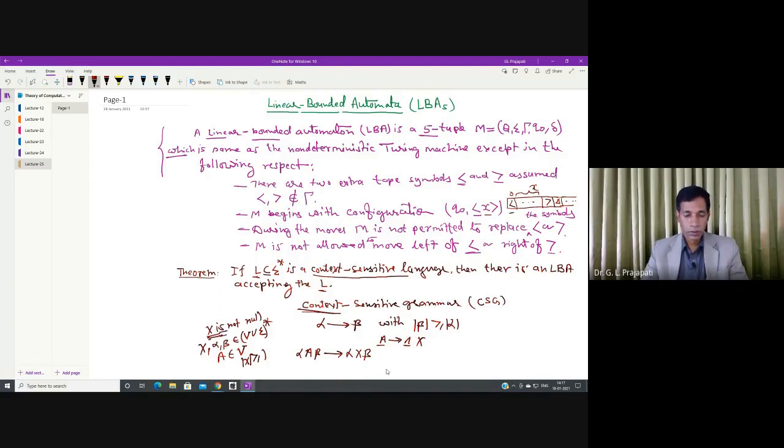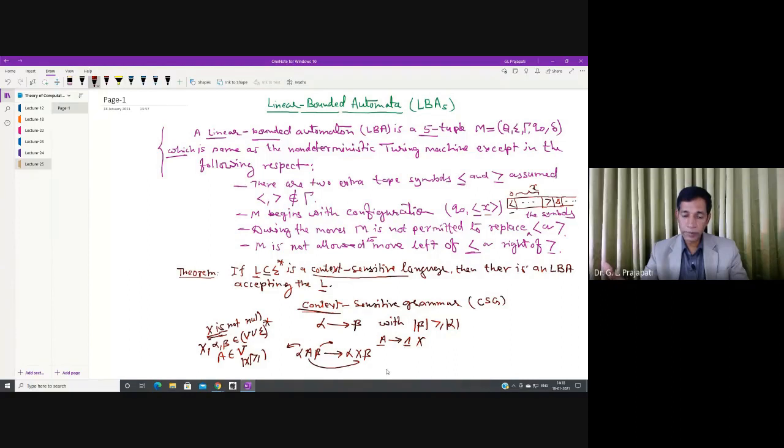So in this case, the context sensitive grammar is telling us that if the left context is alpha and the right context is beta, then you are able to replace A with X. That's why this is context sensitive.